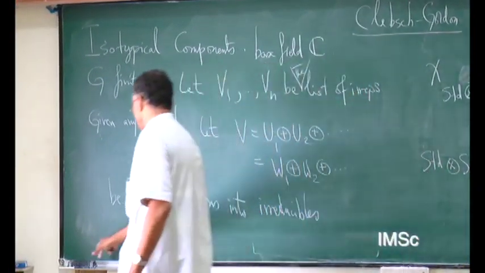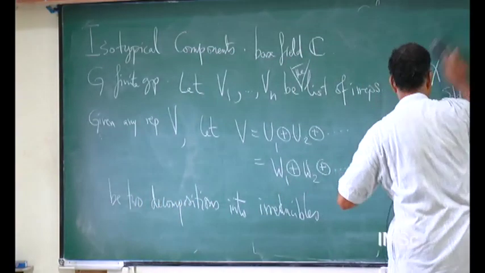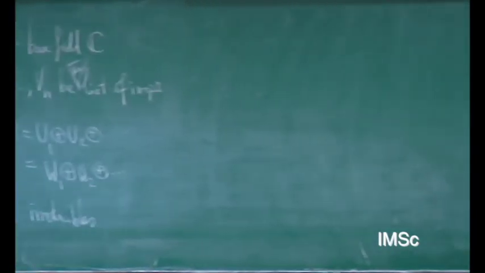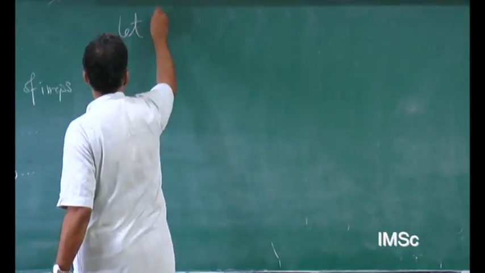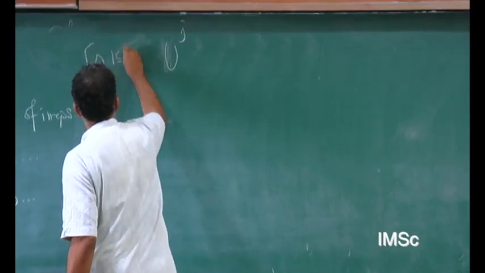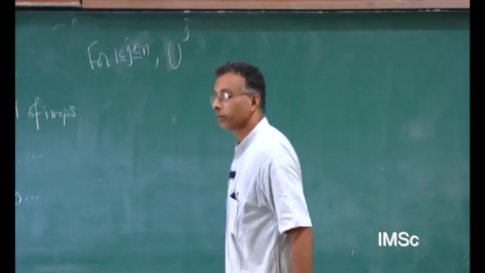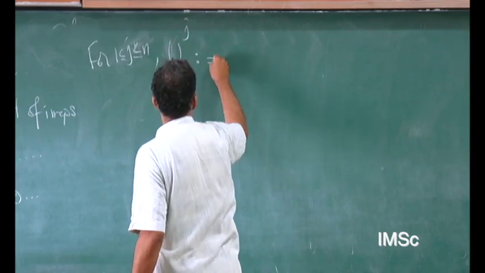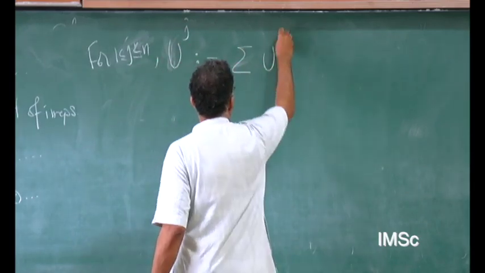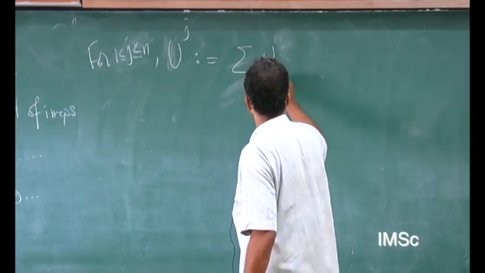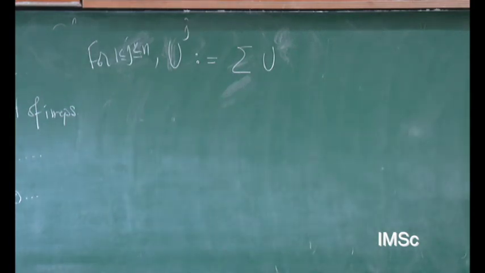Okay? Now, let U upper j, for 1 less than or equal to j less than or equal to n, n being the number of irreducible representations, be the sum of all those U sub k, so I am using upper and lower, be careful with the different senses.